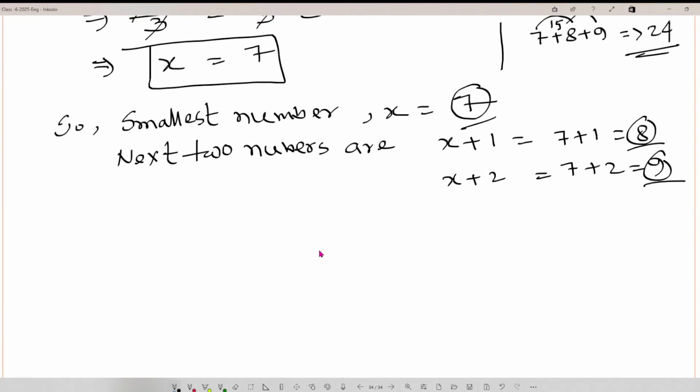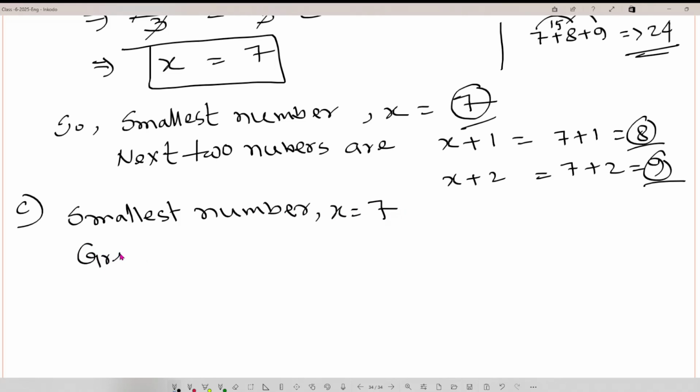Okay, so we can write in here like this. Number C, smallest number equals to x equals to 7, and greatest number x plus 2 equals to 7 plus 2 equals to 9.